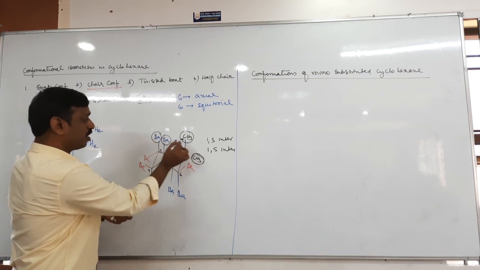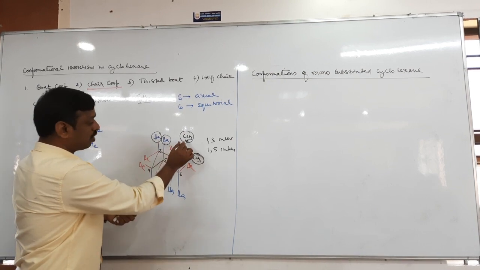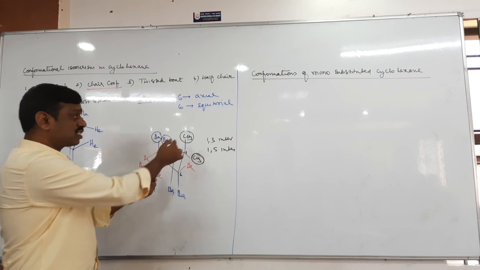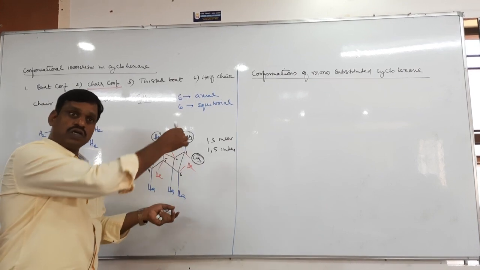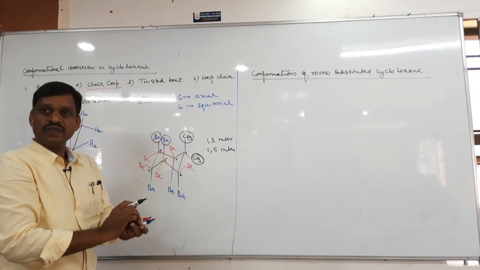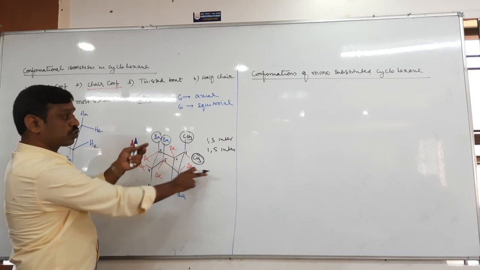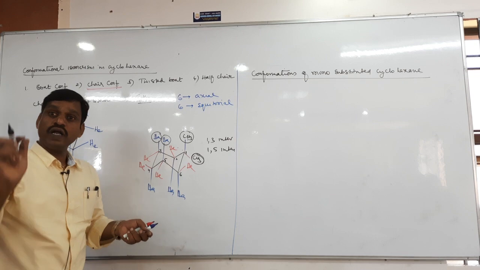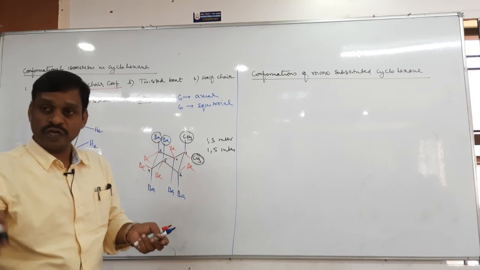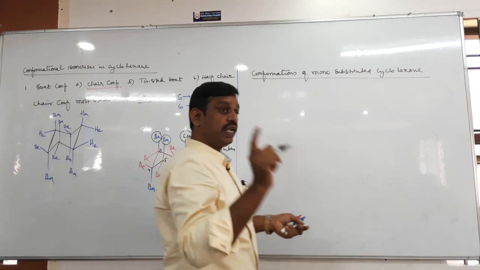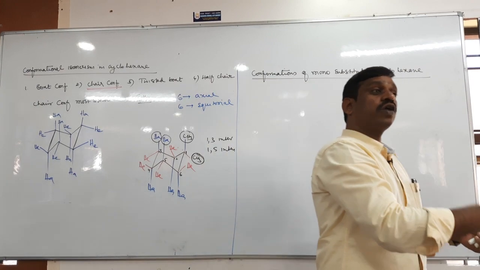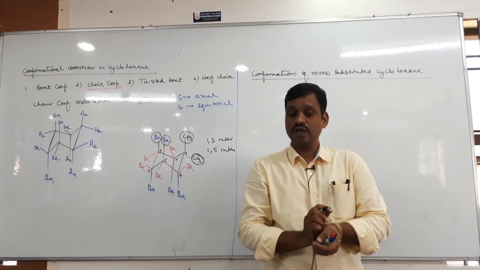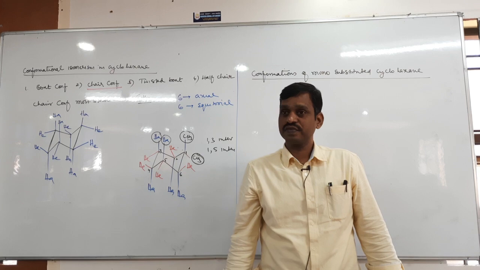There is a repulsion between this methyl group and the hydrogen. Due to repulsion, this methyl group is unable to have stability. Therefore, it automatically goes to equatorial. So if one alkyl group or one substituent is present on cyclohexane, it must be present at the equatorial position to get stability, not the axial position, right?